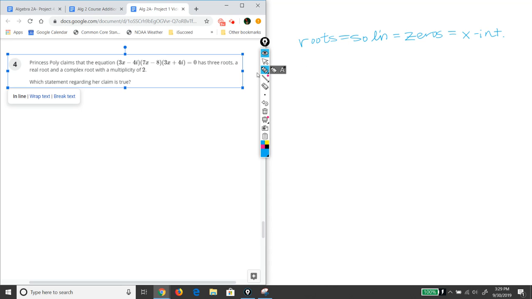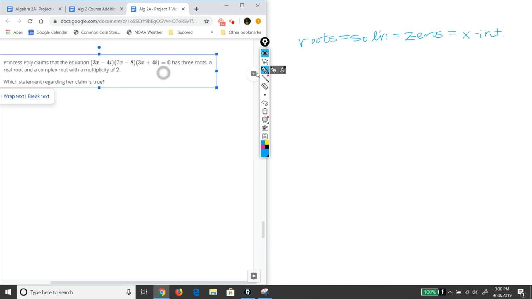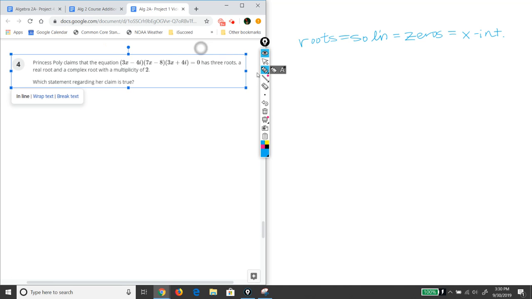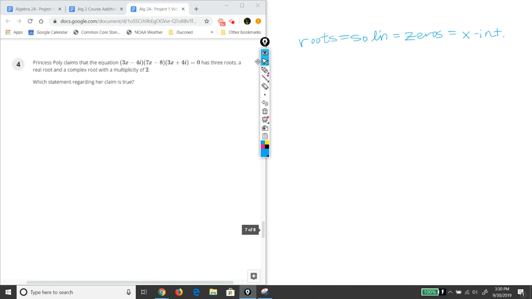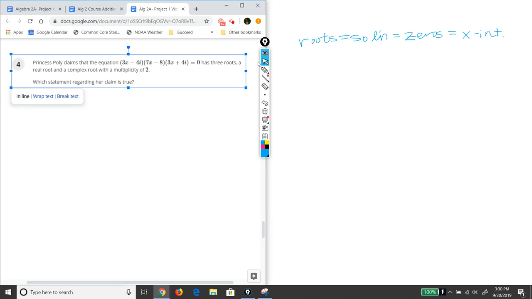Well, if I start to analyze this, I can see that 3x minus 4i is one factor, and it is a complex factor. 7x minus 8i is another factor. It's a real factor. There's no i there. And then I have another factor, 3x plus 4i, which is a complex factor.